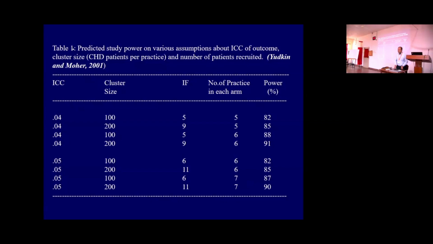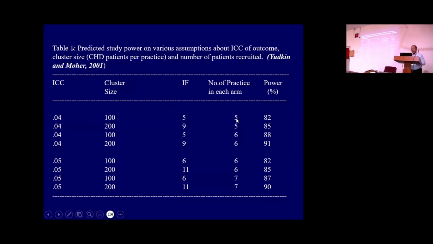Do you understand my question? Which combination gives you more power? Let us look at this slide. I said the ICC is fixed, for example. Cluster size is 100. Design effect is fixed. This is the inflation factor, and this is basically the number of clusters.